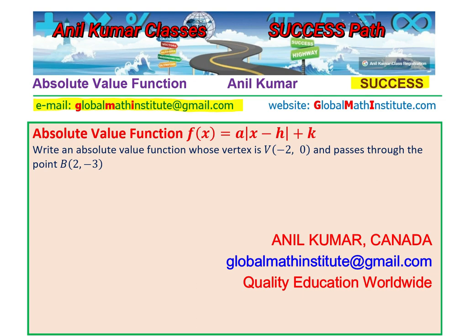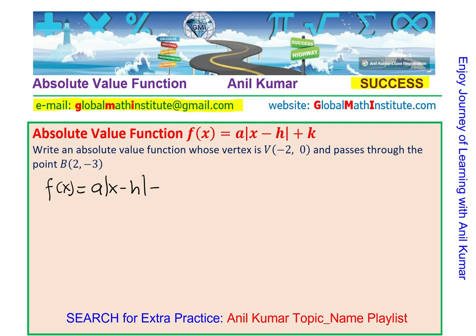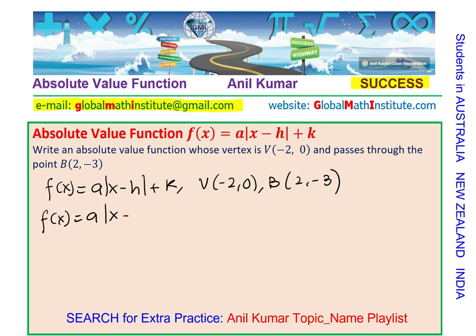Okay, so let's begin by writing the equation first. f of x equals a times absolute value of x minus h plus k. We are given the vertex minus 2, 0, and we are given a point 2, minus 3. Substituting the vertex first, we get f of x equals a times absolute value of x plus 2. That minus and minus becomes plus, and this is plus 0.